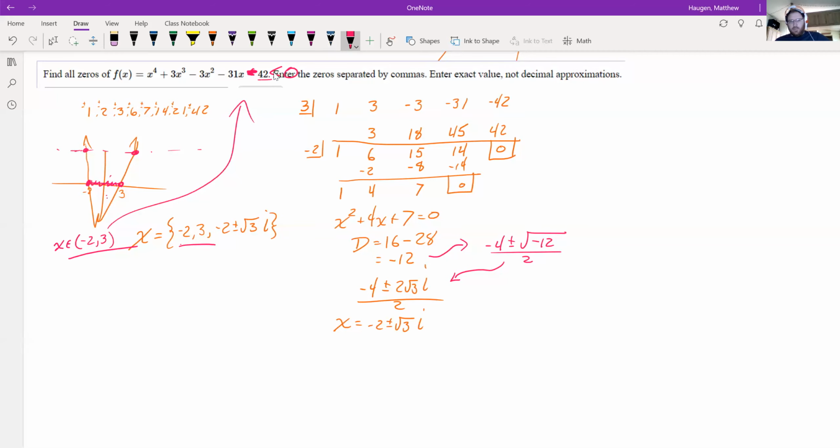I feel like that's important in higher math. X where X is in, you know, good old set builder notation. Yeah, that looks confusing. I'll just write -2, 3.